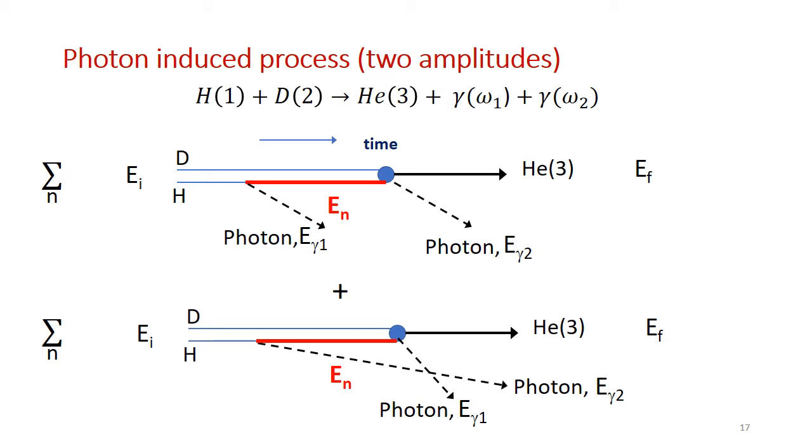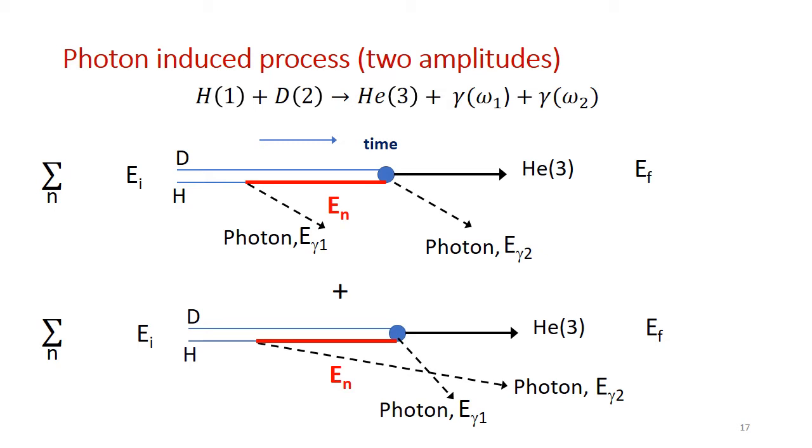Both those terms have to be included. Once this photon is emitted, this system goes into a state which is not an eigenstate of the unperturbed Hamiltonian. You expand the state as a superposition of all states. That is where this sum comes up. So you have states with energy En, and we have to sum over all energies.